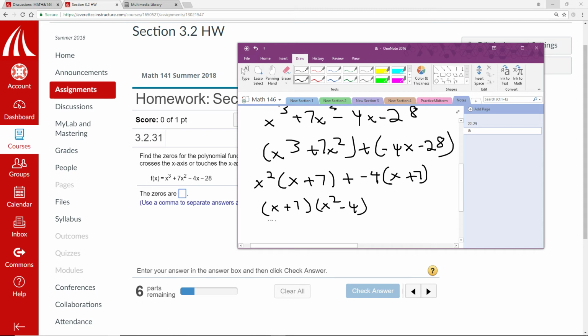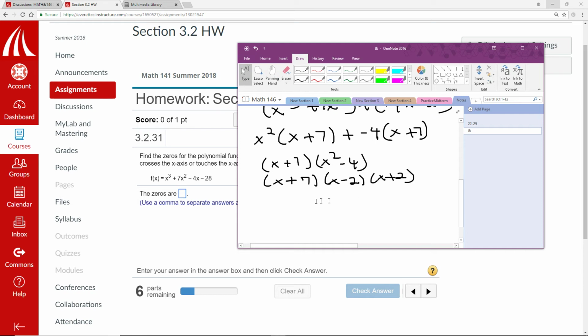Now it turns out x... Actually, I can keep going. There is no multiplicity. I feel like I've done this one before. There is no multiplicity. There are 3 distinct roots. The roots are -7, 2, and -2.